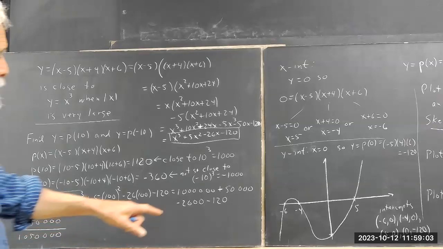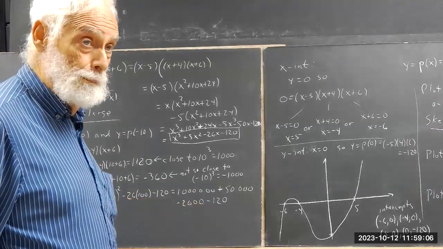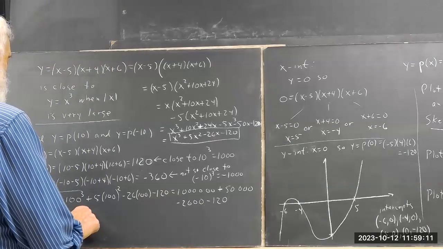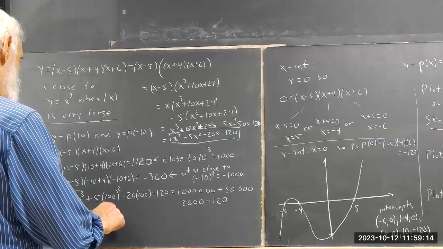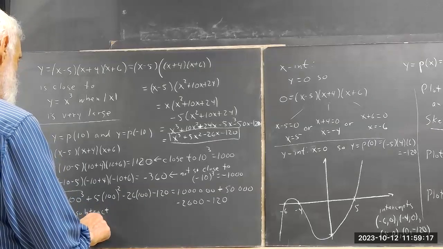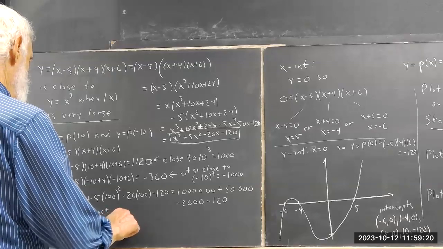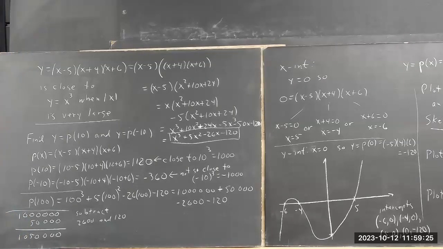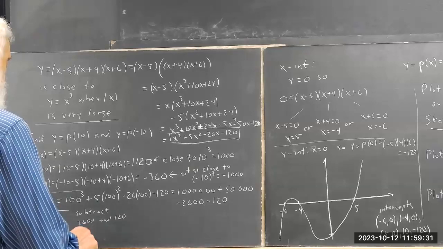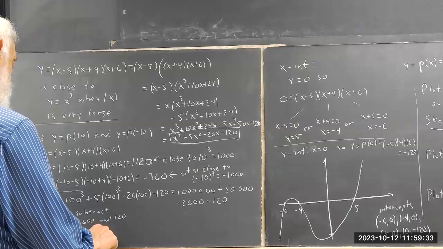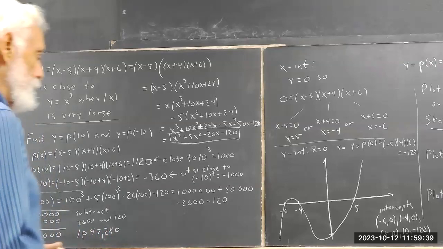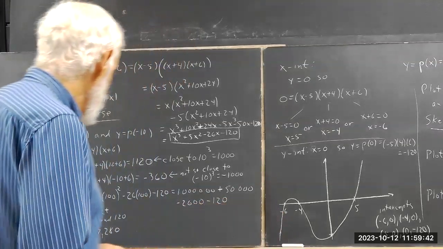Now if I subtract the 2,600 and the 120 instead of $1,050,000, that's going to get us down to 1,047,280. Okay.